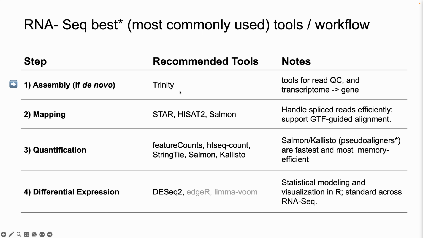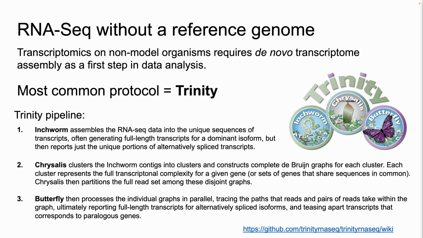Really, the only tool that gets used that you will see in the literature is called Trinity, developed by the Broad, and it's called Trinity because it's got 3 steps: inchworm, chrysalis, butterfly. They're really catchy at naming their software packages.